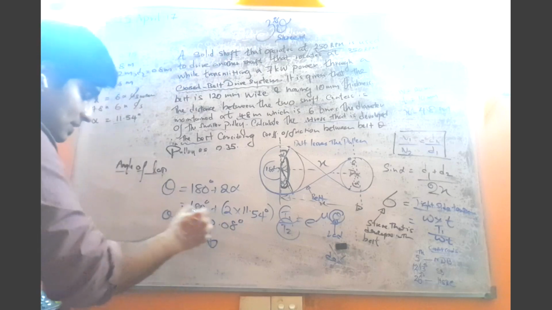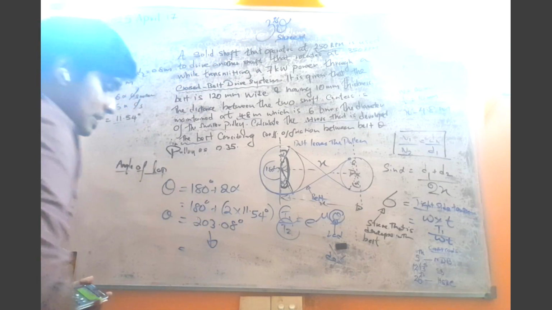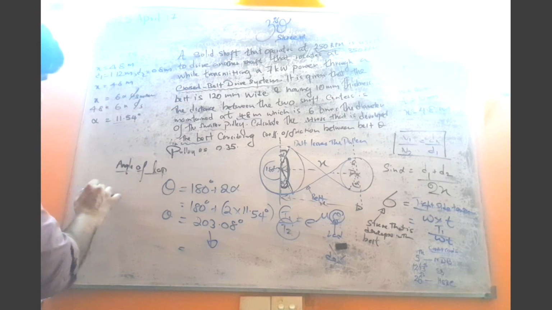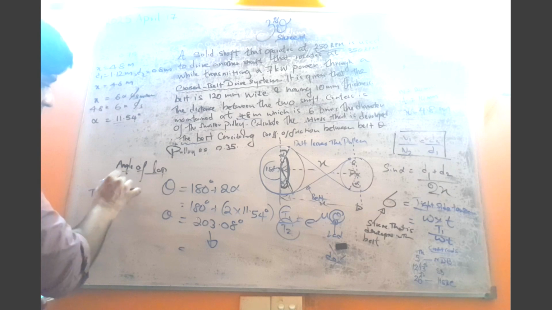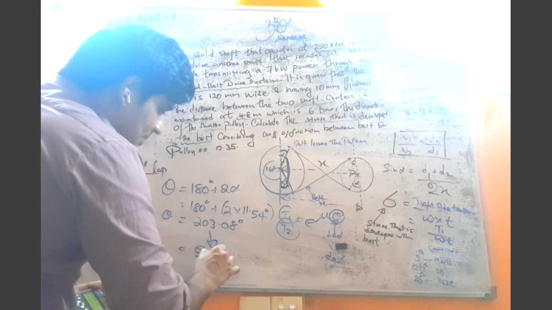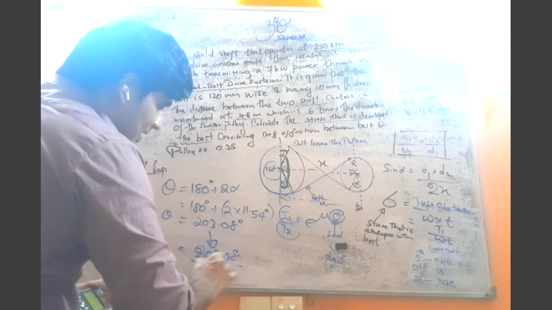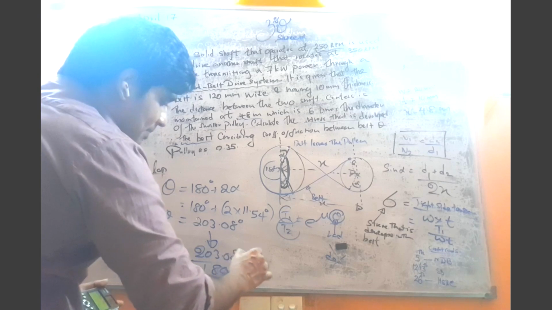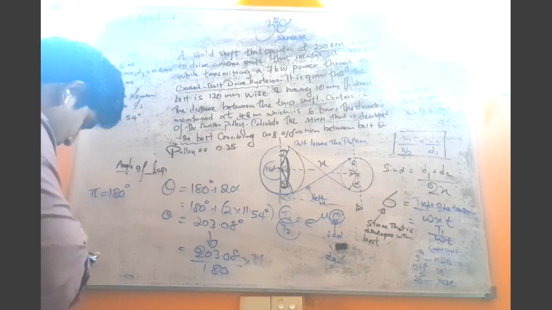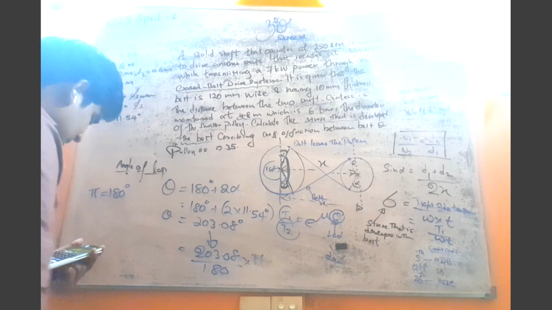So now how can we convert this value into radians? Pi radians equals 180 degrees, right? So what you can do is 203.08 divided by 180 multiplied by pi. What is that value?